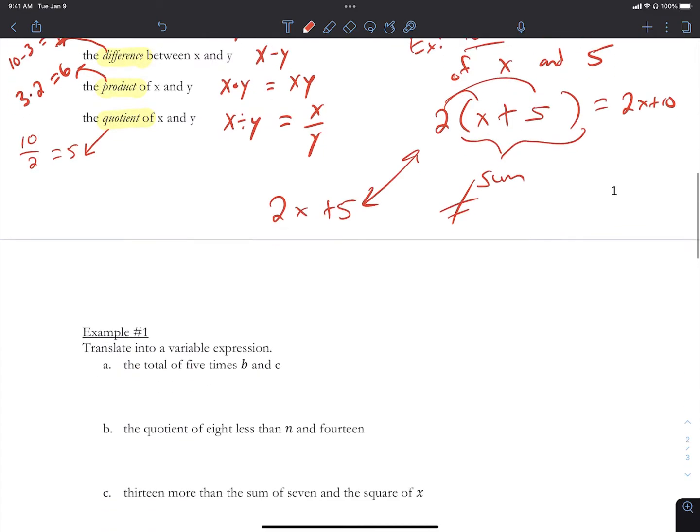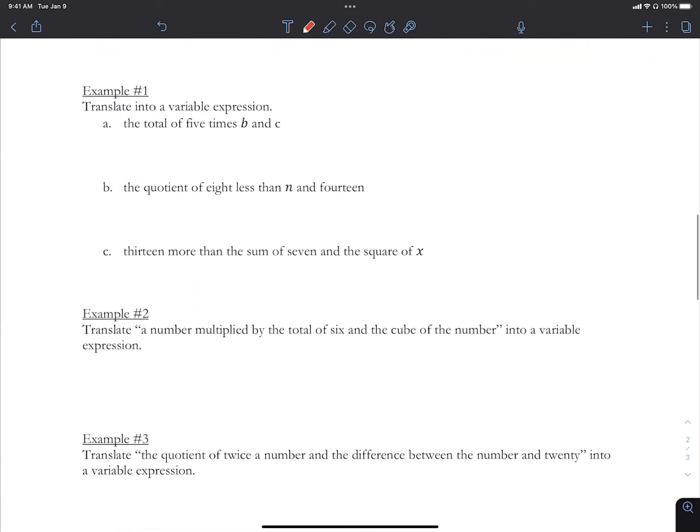All right, so on the next page, I have example 1. We want to translate what we're given into a variable expression. In other words, we want to rewrite it symbolically, take it from the word form and put it symbolically. So we're told we're taking the total of. When you read the total of, you should be thinking addition.